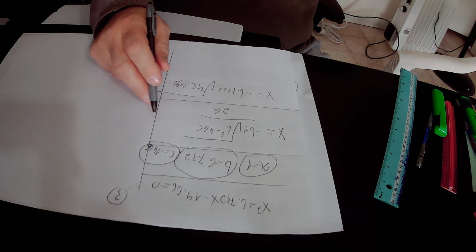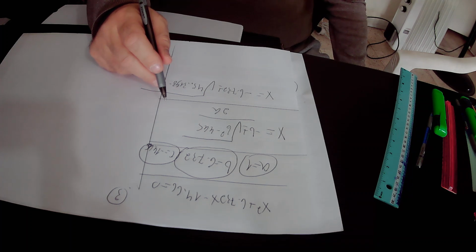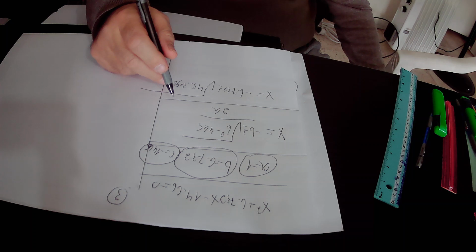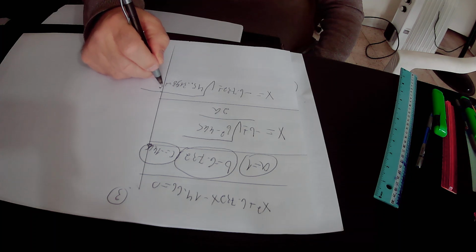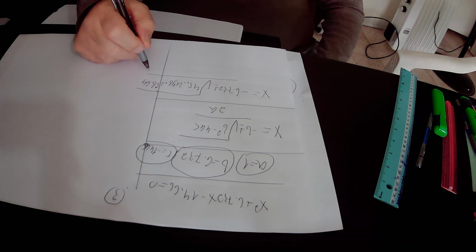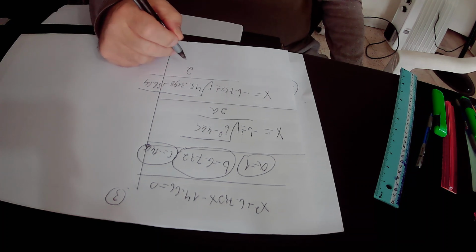So minus 4ac in total equals minus 4 times minus 14.66, that is actually 58.64, plus 58.64, divided by 2a. A is 1, so 2a is 2 times 1, that is 2.